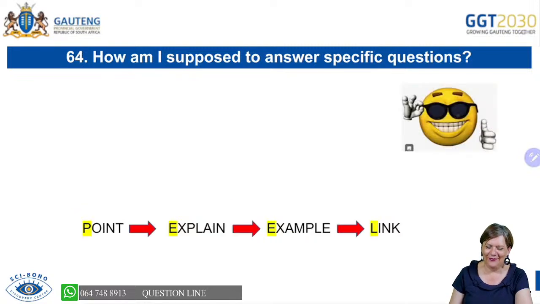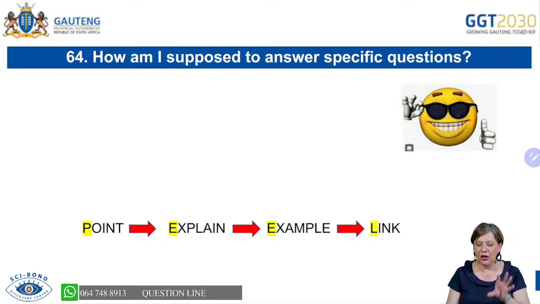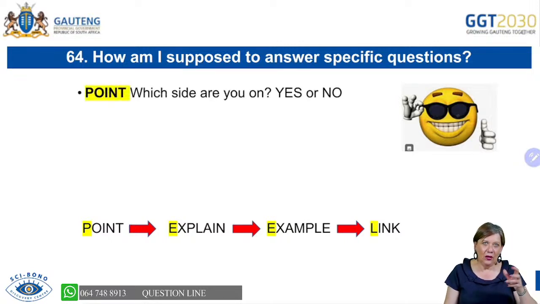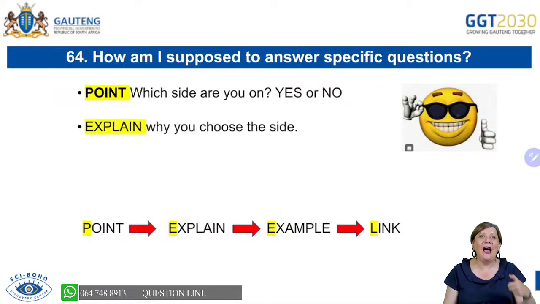Now, let's go back to that PEEL method. All these questions I've shown you use one method, and that is the PEEL method. Now, how am I supposed to do that? The first thing you need to tell me is whether you agree or you don't agree. That's step number one. Step number two is you have to explain to me why you chose this side.